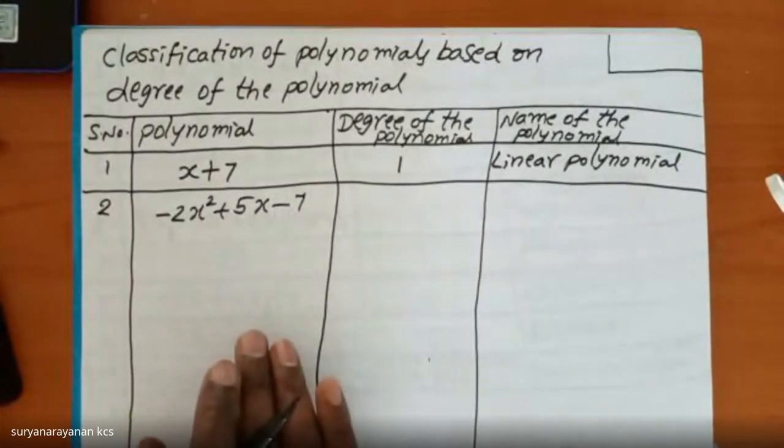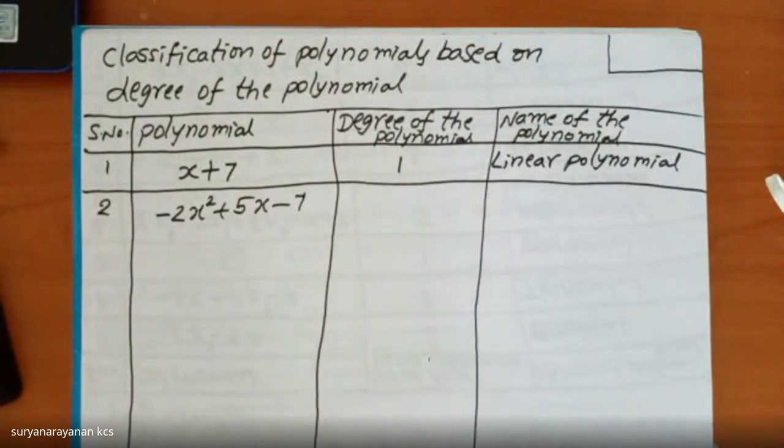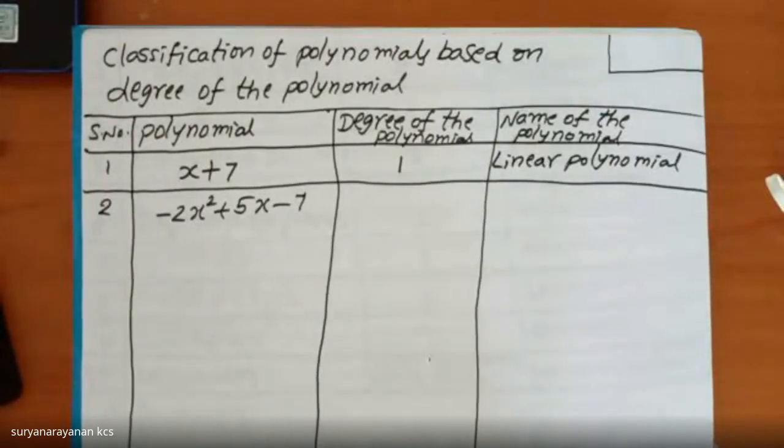Trinson, I asked you. If the degree of the polynomial is 1, what is the polynomial called? Please raise your hands. The linear polynomial. Yes. Please remember this point, my dear children.